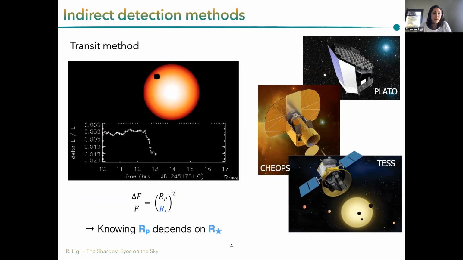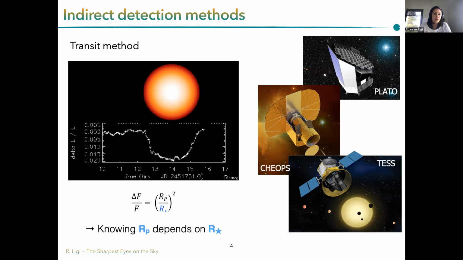So, as I said, the transit method was used to detect the majority of the exoplanets. And actually, what we measure when we use the transit method is a flux. When the planet passes in front of the star, the flux decreases.